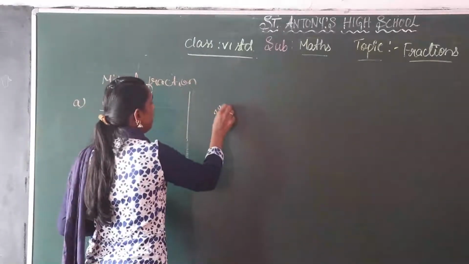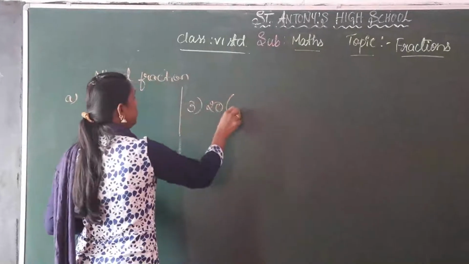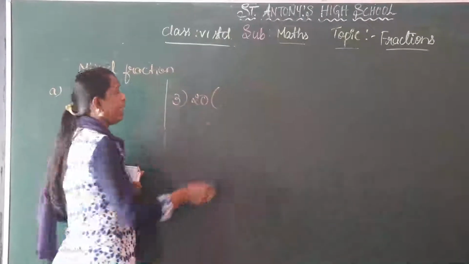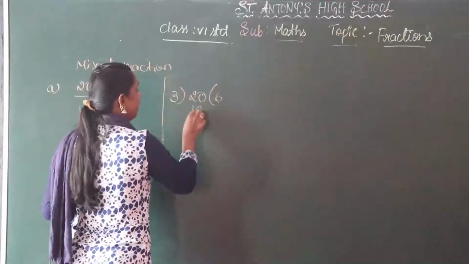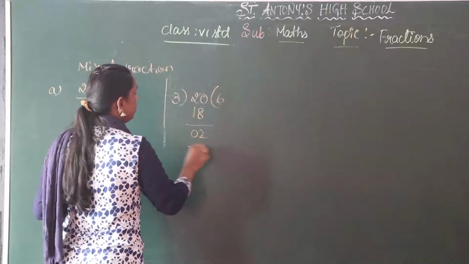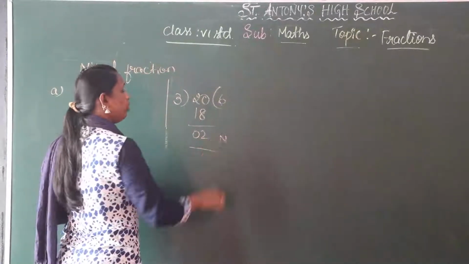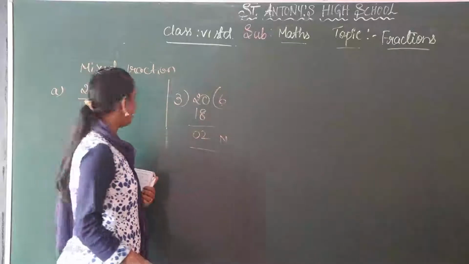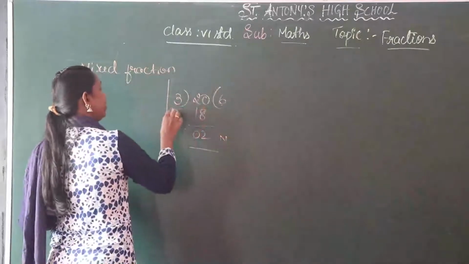First what we have to do? Write in the left column, divide 20 by 3. 3 6s are 18. Remainder is 2. This remainder is written in the numerator place. This 3 is written in the denominator place.